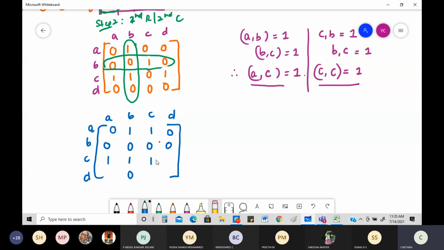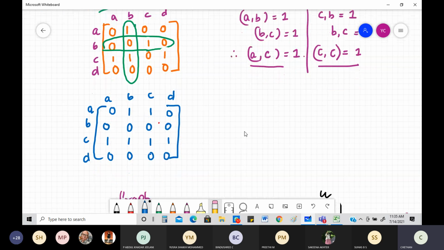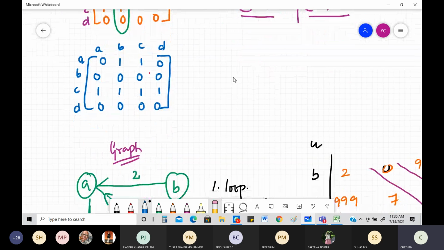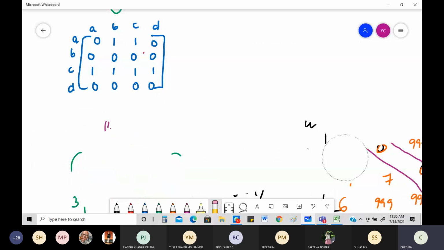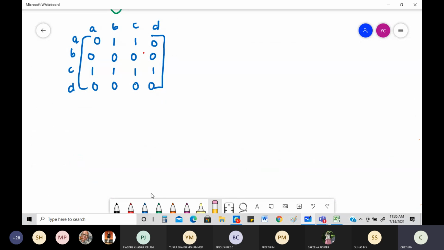Now I need to figure out the values with regard to the third row and third column. Only the third row and third column I'm going to figure out. If I take the third row, a lot of ones are there, very important row and column. If I do that, what are the things that I'm going to get?